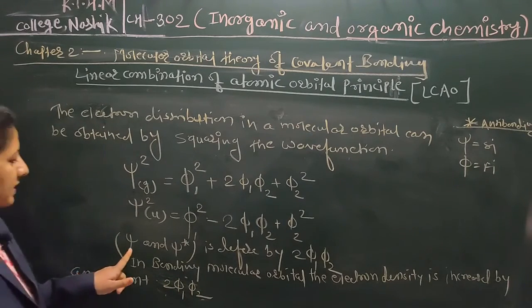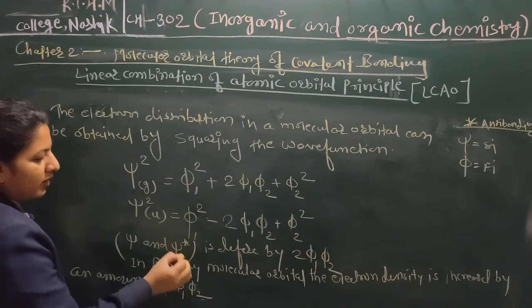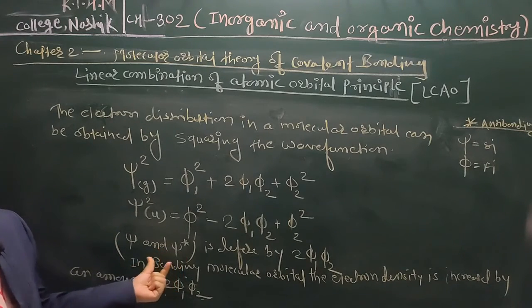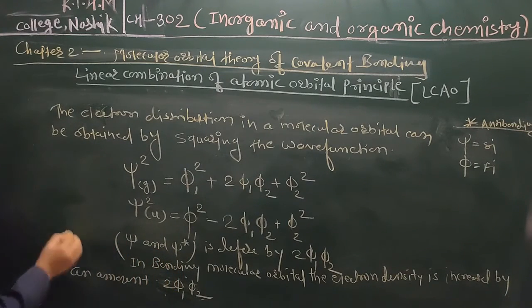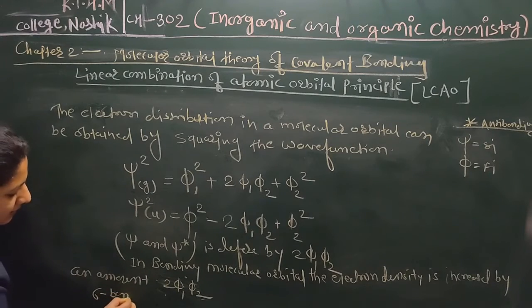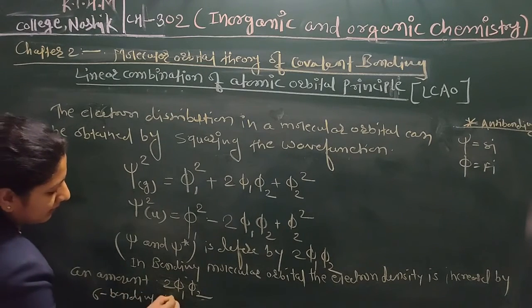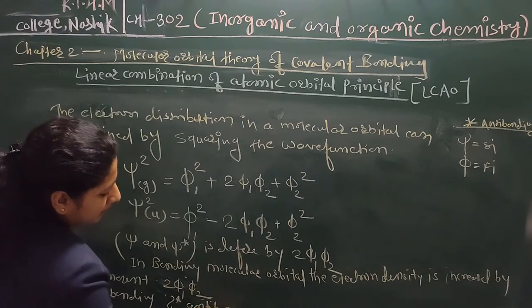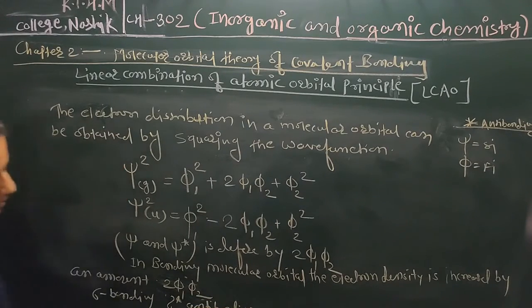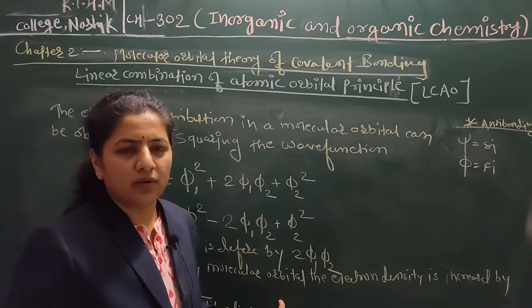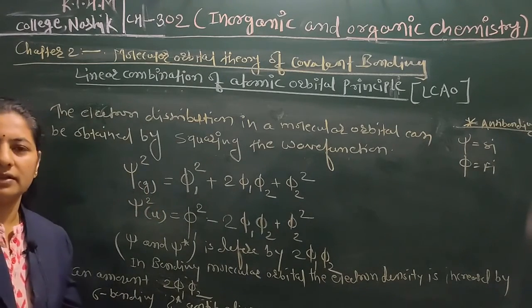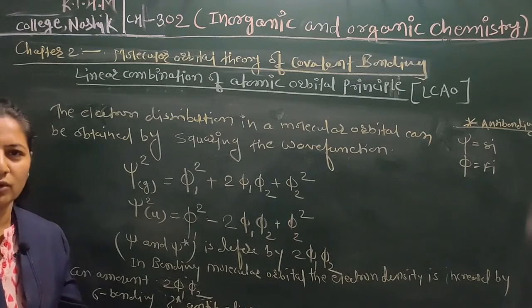So this is a bonding and this is an antibonding molecular orbital. They are also called sigma and sigma star. Sigma is bonding and sigma star is antibonding. Overlap of atomic orbitals forms the sigma bond along the axis.